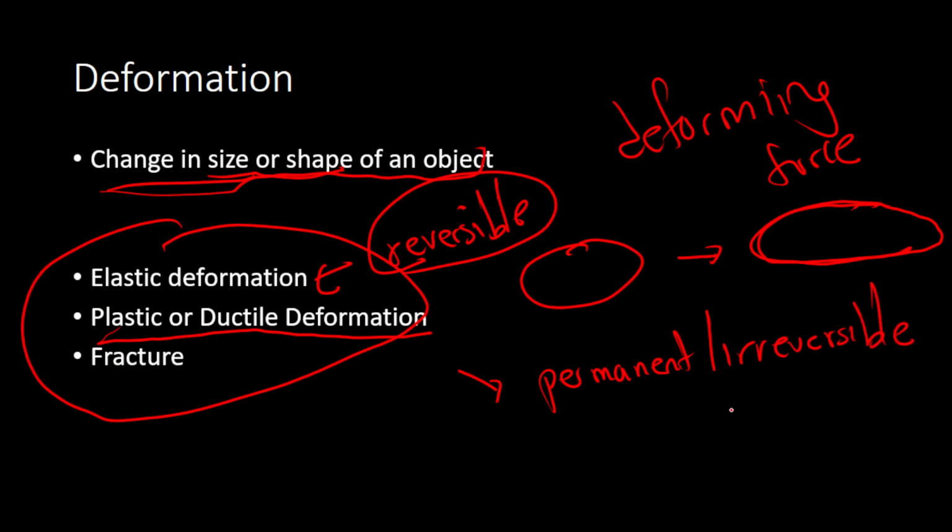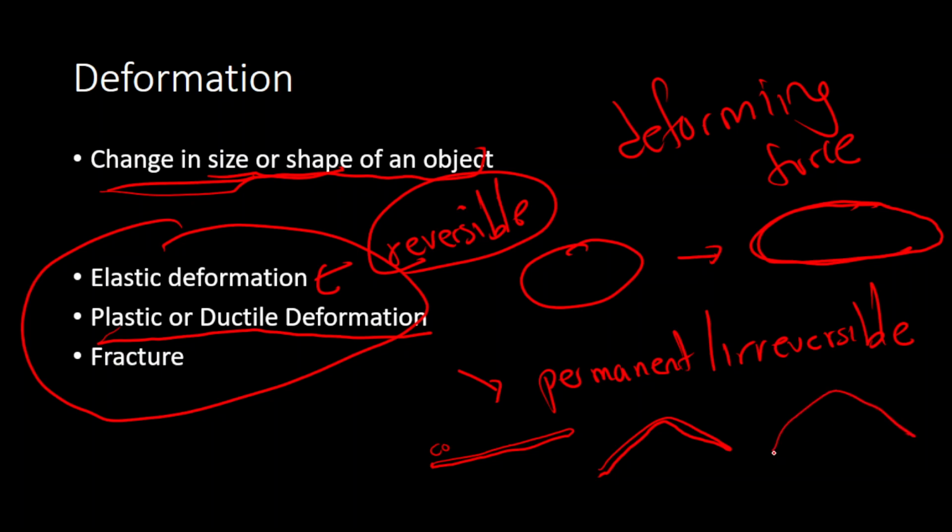Just like when, let's say, we have a piece of wire. When we bend a piece of wire, we've applied a force on this piece of wire. Let me use copper wire. It can be any wire. So we've applied a force, we've bent this piece of wire, and then when we leave this wire now, it's still in that shape.